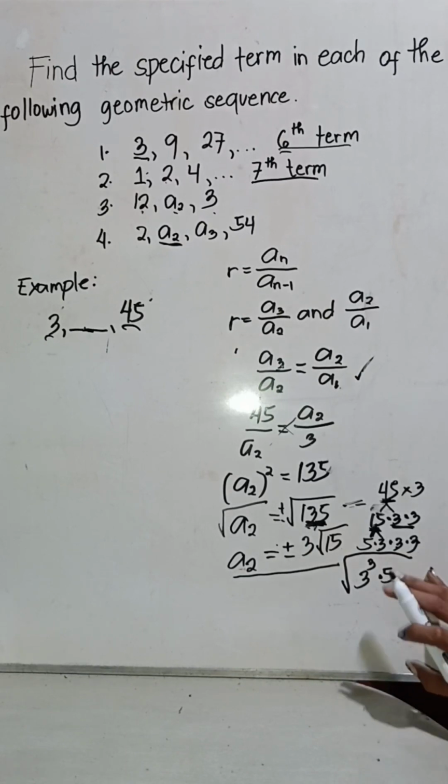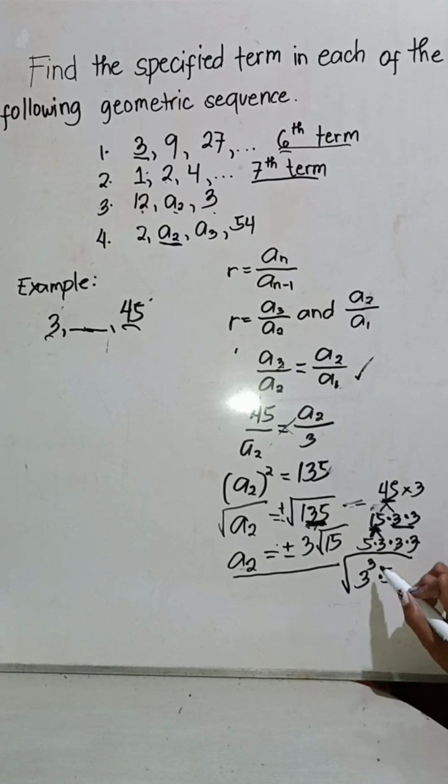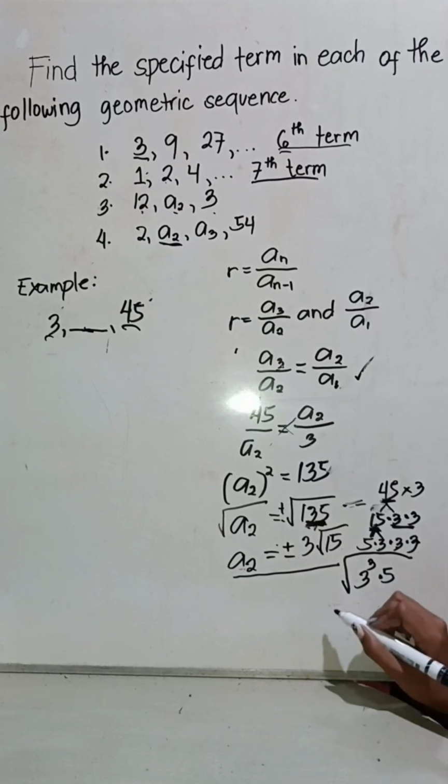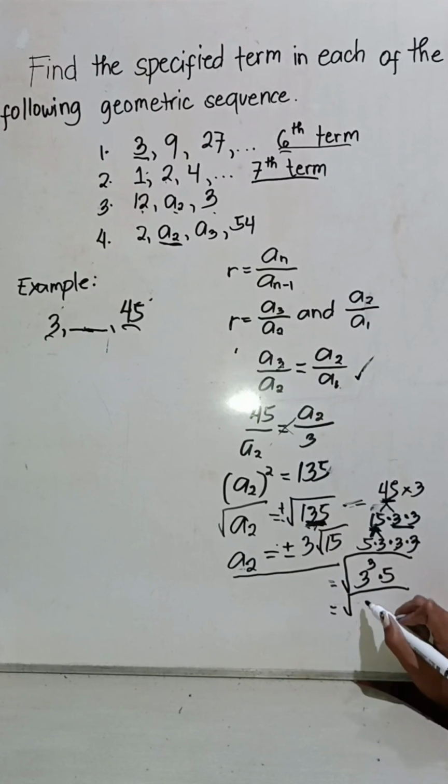In applying it, the square root of 3 exponent of 3 times 5 becomes the square root of 3 exponent of 2 times 3 times 5.